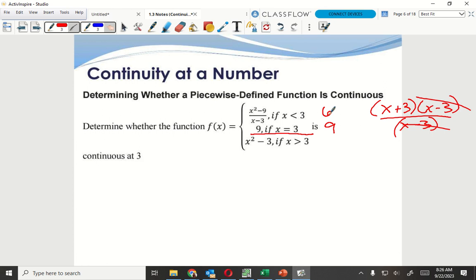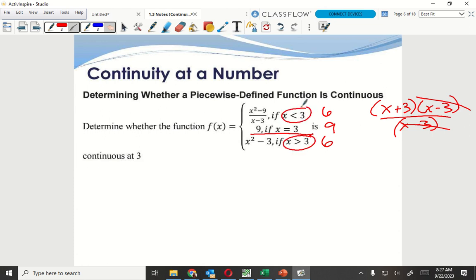But let's continue. What if I plug in the right-hand side? The bottom one's the right-hand side. For x greater than 3, I have x squared minus 3, so 3 squared minus 3 is 6. If you notice, there's not an equal sign on this one or this one.